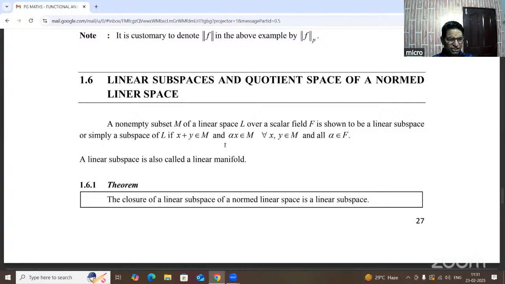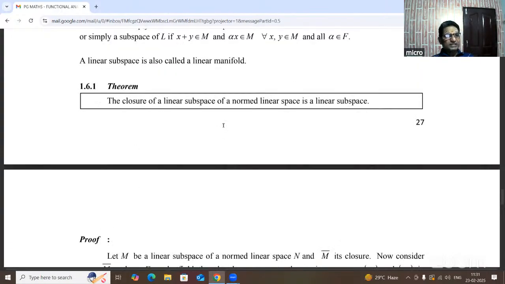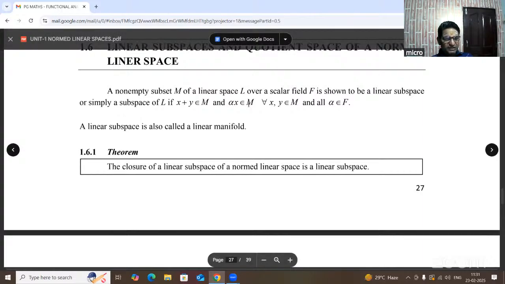Vector addition is closed and scalar multiplication is closed throughout the linear space elements. So that is the non-empty subset, capital M. M is a subset of N. That's why x plus y belongs to M and alpha x belongs to M.